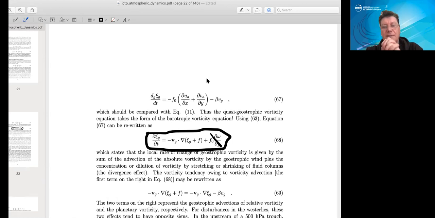But we noted that if we take just this part of the equation, this conservation of absolute vorticity, then this set of equations is closed as it is. There's no interaction with any other equation, with the thermodynamic equation or so.